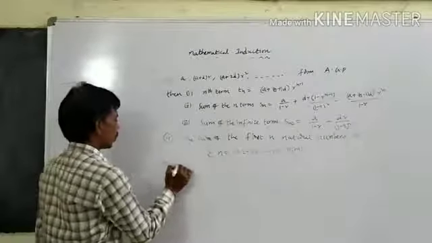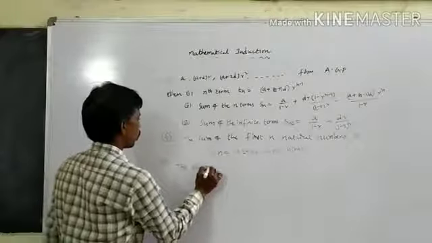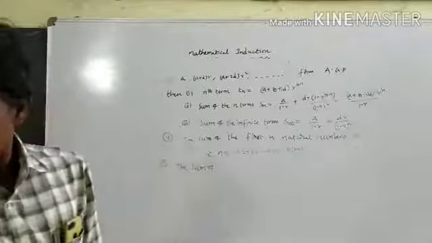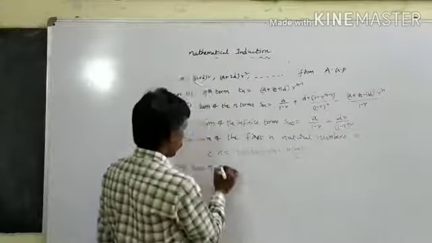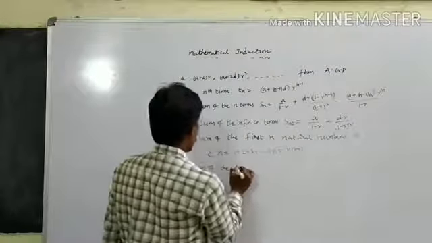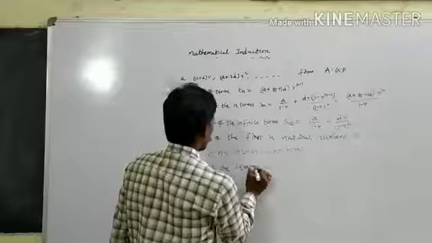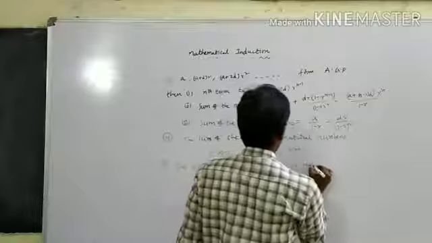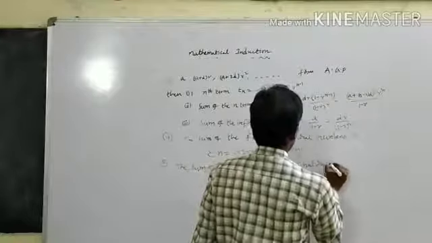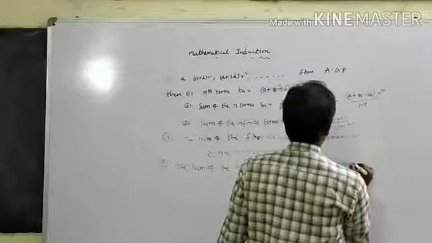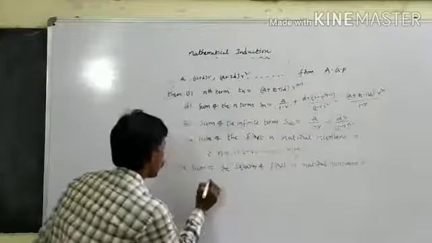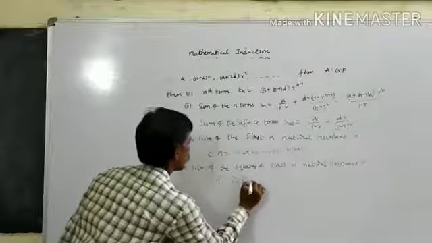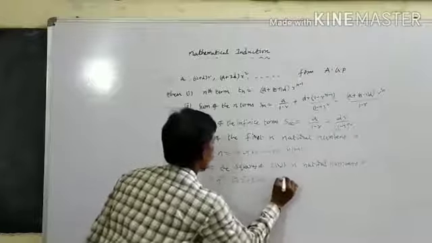Fifth one, the sum of the squares of the first n natural numbers is sigma n square, that is 1 square plus 2 square plus 3 square and so on plus n square.